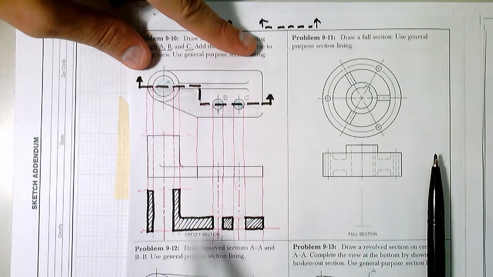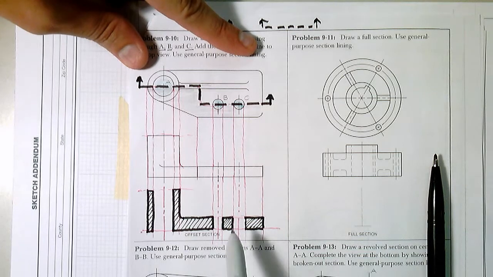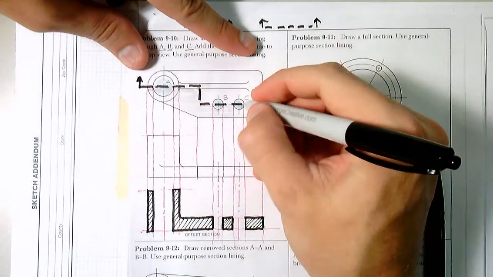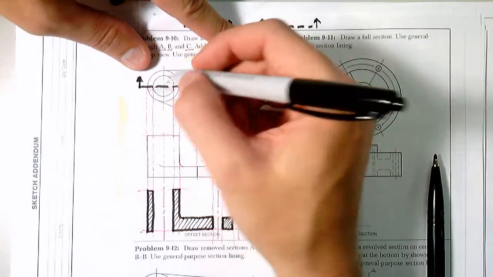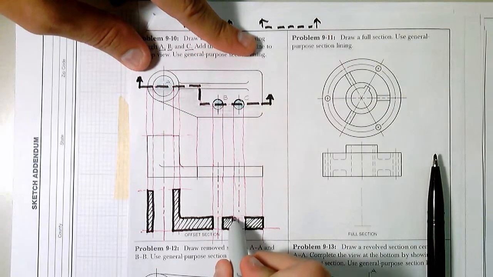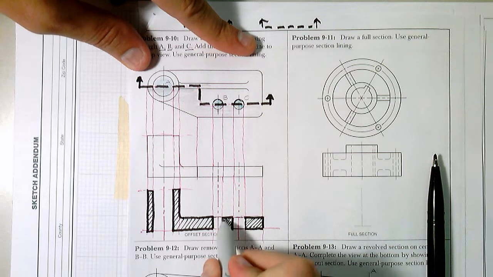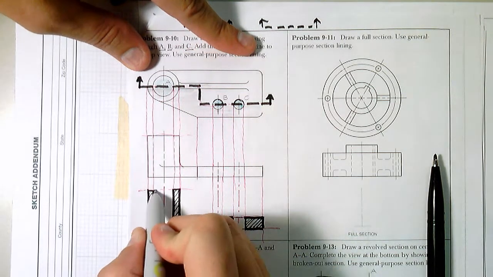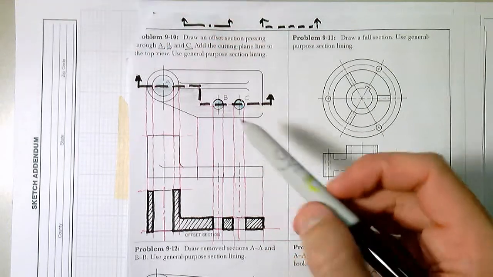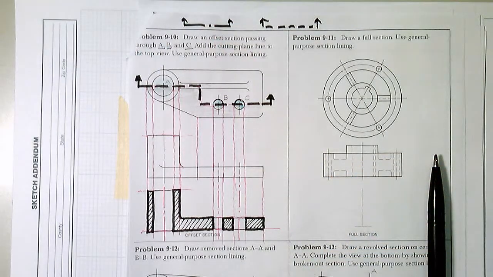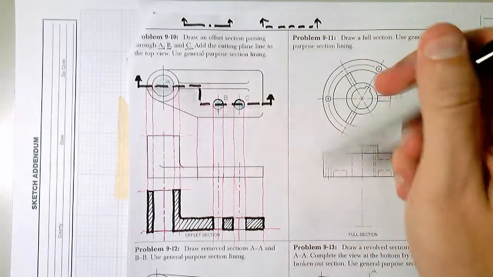And you'll be left over with that. Now there's still some missing lines, and the missing lines are the areas in the back of each of these A, B, and C holes. And that'll give you problem 910. We've showed an offset section jogging through all three.